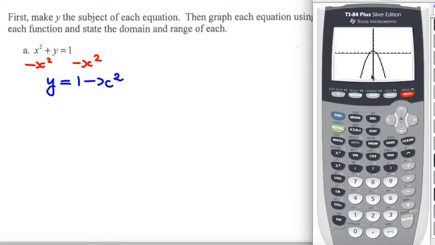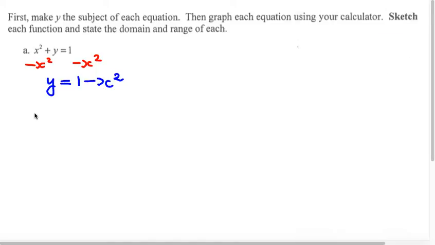So of course you know that this one goes forever on the left and goes forever on the right hand side as well. So knowing that, we know that the domain of our function is any x value, because it goes on forever left and right, and that's how you write x is any real value.